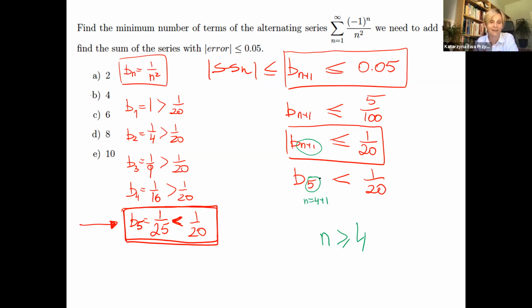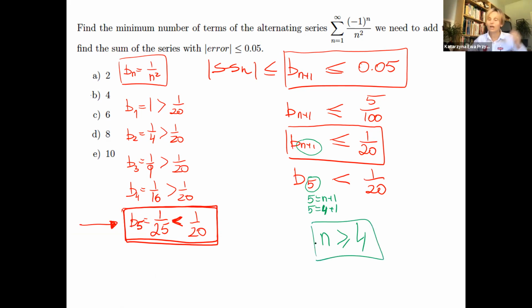Saying otherwise will be wrong. That 5 represents n plus 1, n is 4.